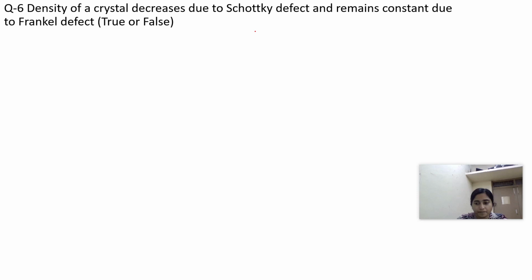So how can we differentiate that Frenkel defect will be formed rather than a vacancy? We have to see the atomic positions properly.